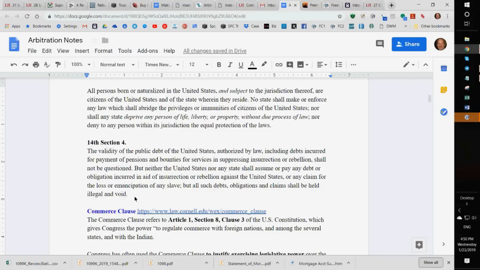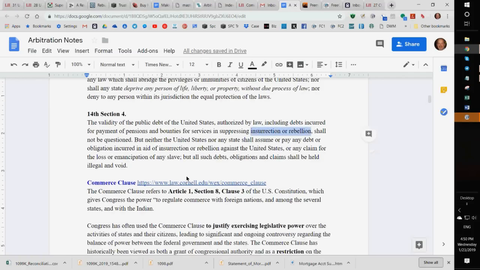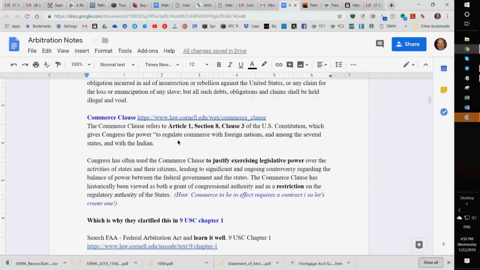So you can't enslave people. You can't work them into contracts that enslave them, but contracts do matter. And if somebody else works against you, they're committing insurrection and rebellion. So we're going to learn how to use this language to our advantage.